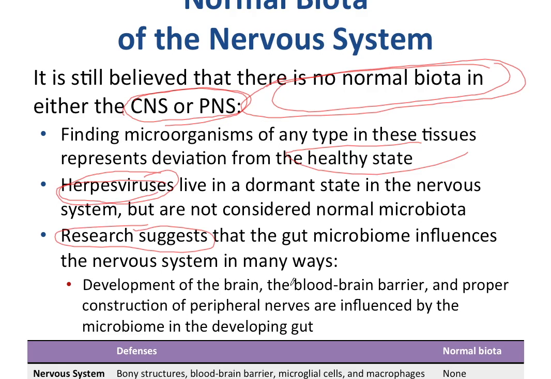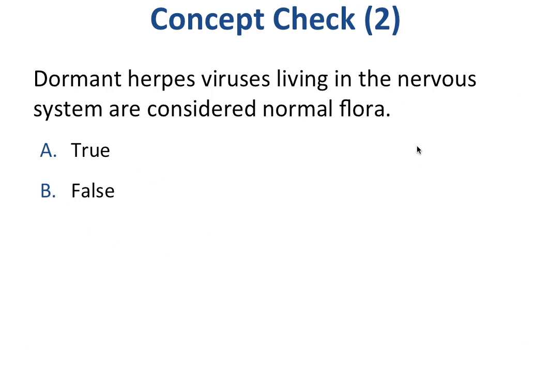Maybe they can transmit some cytokines to the nervous system, or some microbes can invade the nervous system. However, for healthy people, there is no microbe in the nervous system. So now let's work on this question.